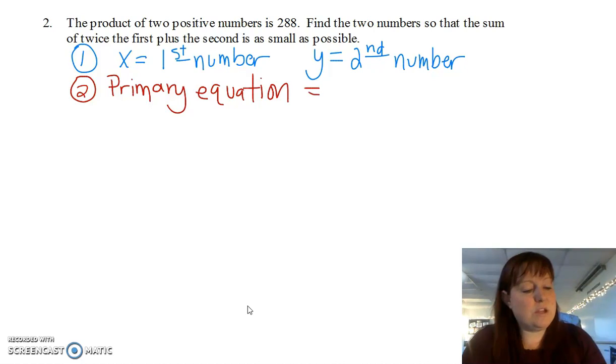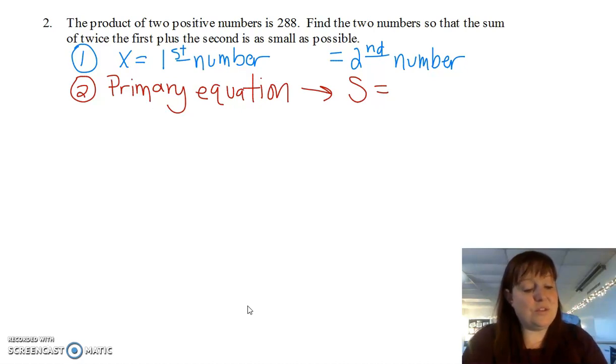So our primary equation is that we're trying to minimize the sum of these two numbers. And I should really not write an equal sign there. I should just do a little arrow. You just don't want to run on equals everywhere.